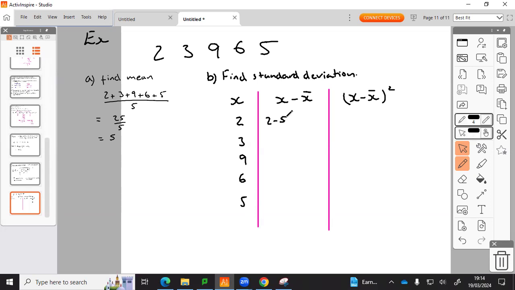You have 2 minus 5, which gives you negative 3. 3 minus 5 gives you negative 2. Then 9 minus 5 gives you 4. 6 minus 5 is 1. 5 minus 5 gives you 0.